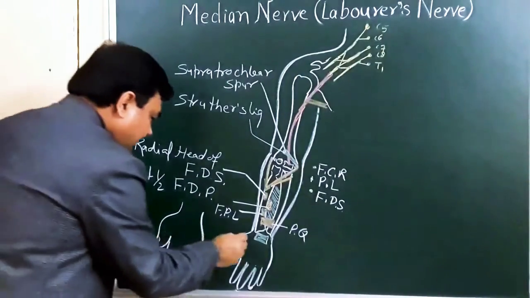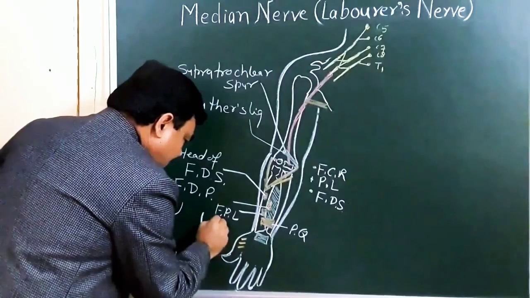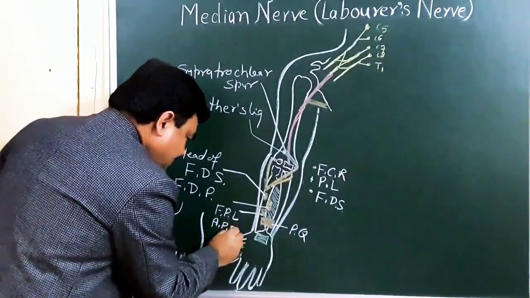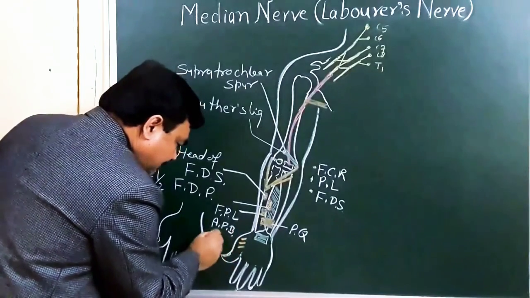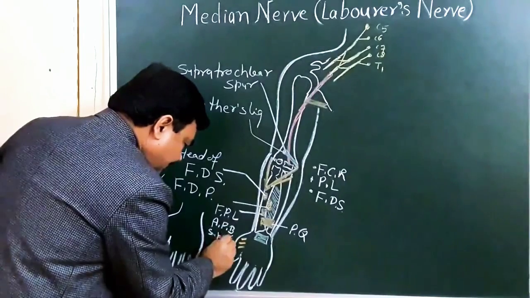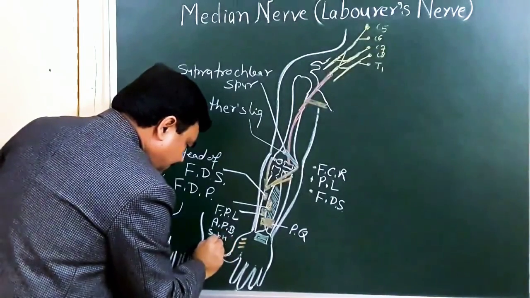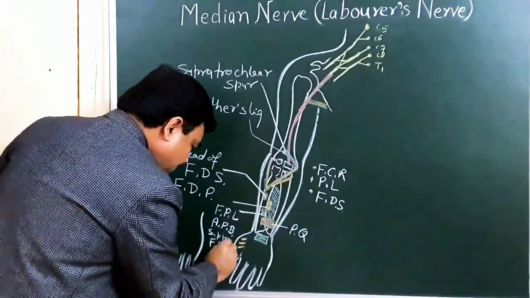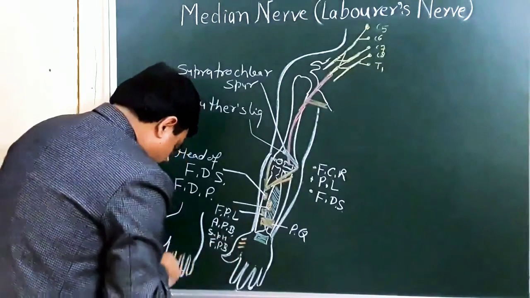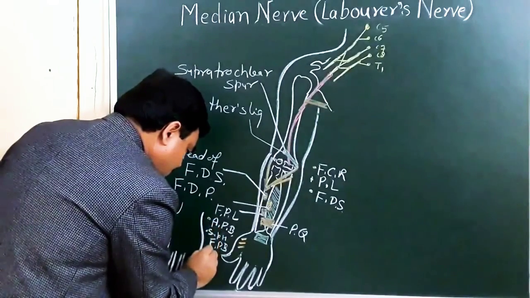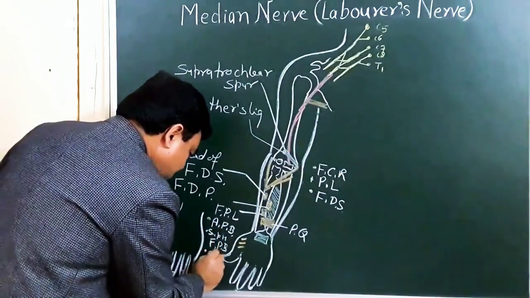These muscles are abductor pollicis brevis, the superficial head of flexor pollicis brevis, and opponens pollicis.